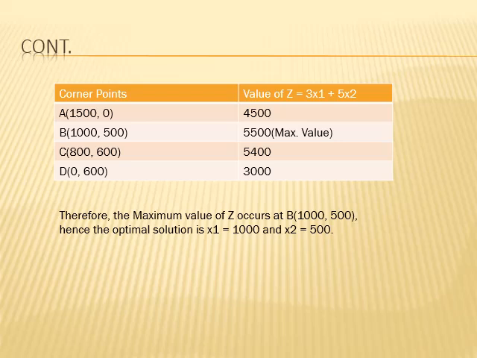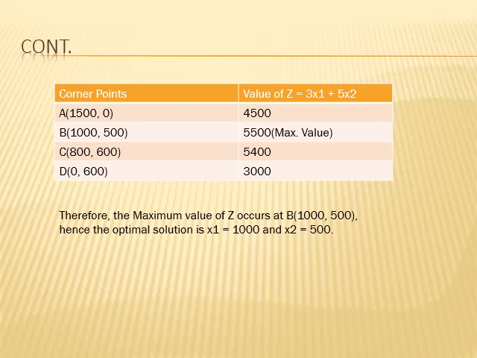Okay, so z equal in this case 3 times 1000 plus 5 times 500, and we got 5500. Let's move to the next corner point C, where x1 equal 800 and x2 equal 600.